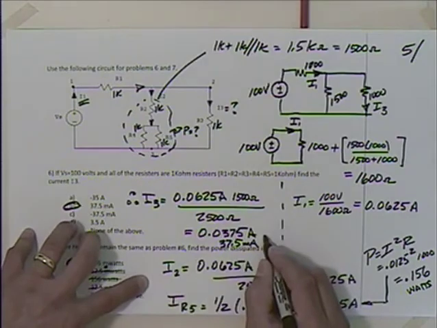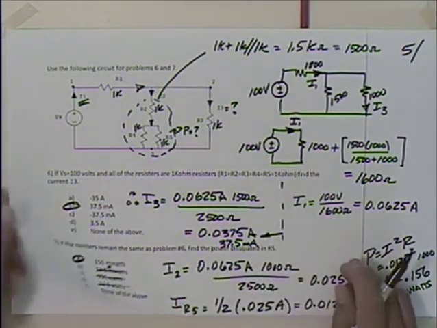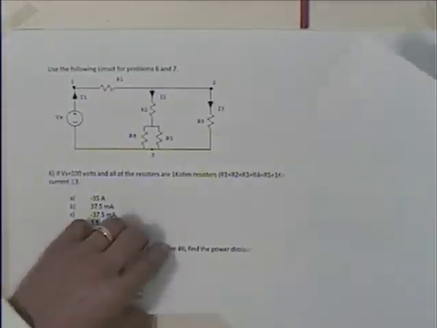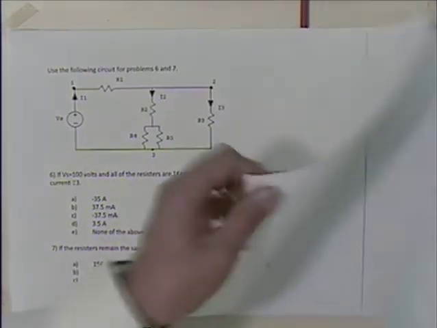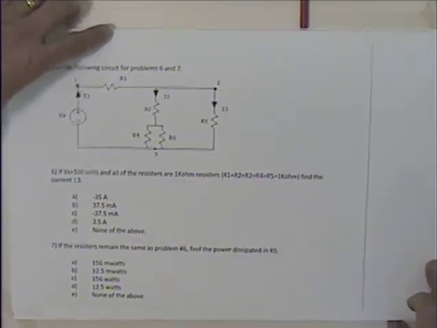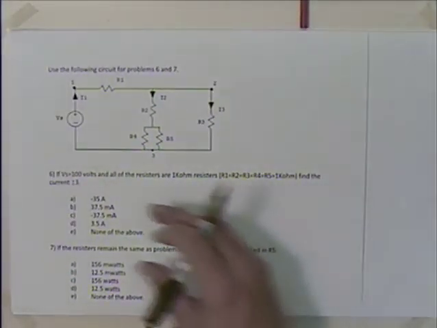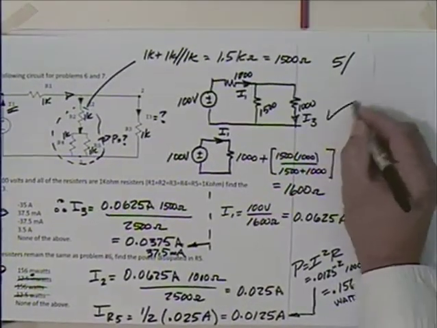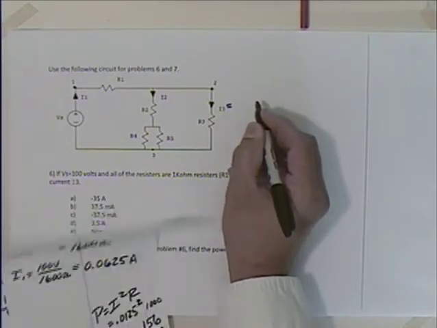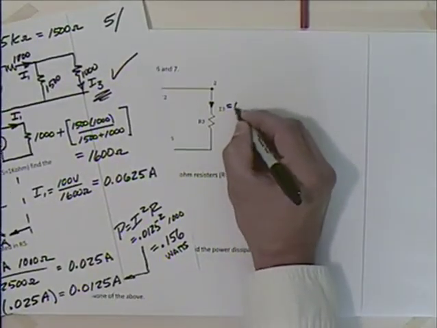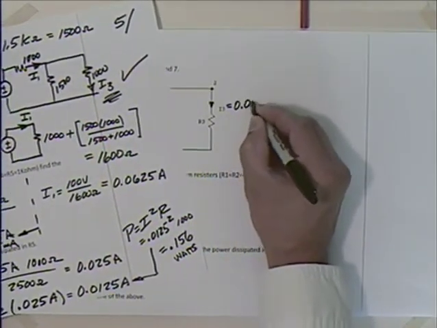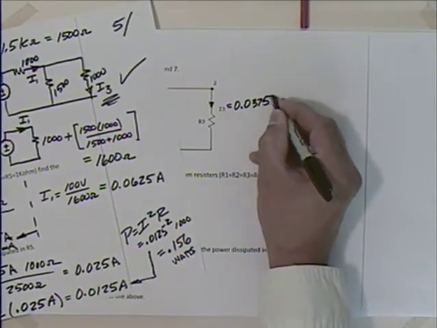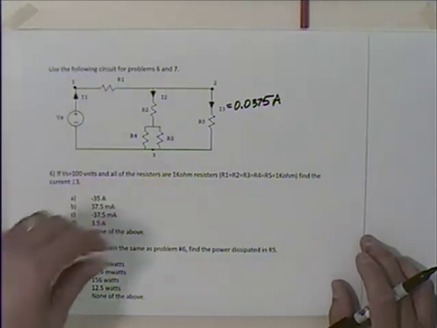Let's say I take this, so I'm going to put this onto the next page. We're going to assume that we've gone through this process and we've come up with I3, and we'll say that I3 was 0.0375 amps. Okay. So what could we do with that?